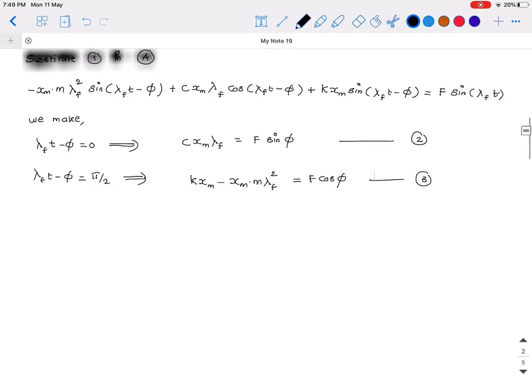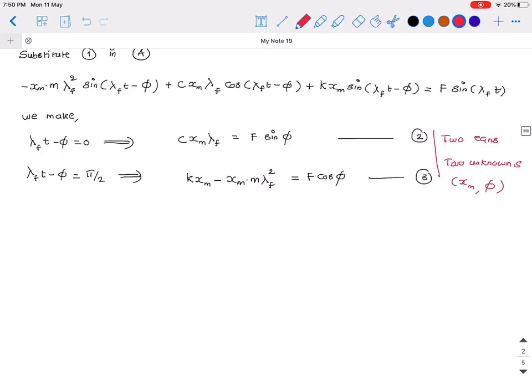Okay, so we have two equations and two unknowns. As you know, the unknowns are the amplitude of the oscillations and the phase phi. So from these two equations we can find these two unknowns. In order to do that, we take equation 2 square plus equation 3 square.